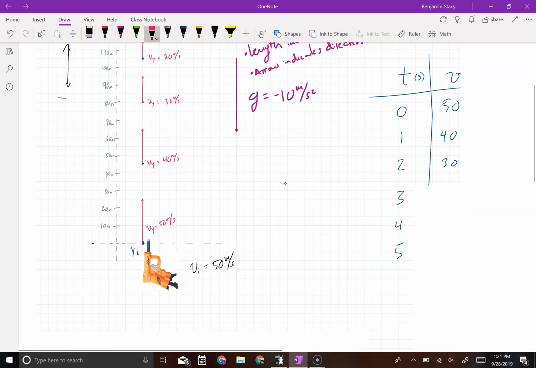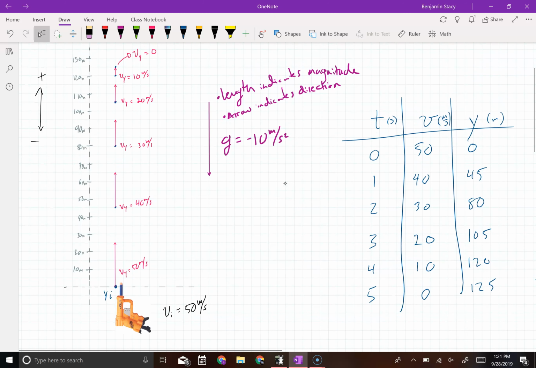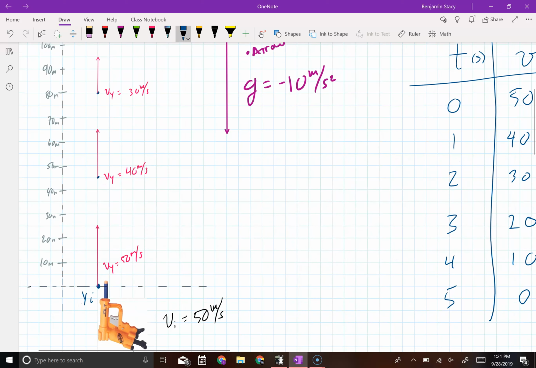So pink is our velocity, blue is our position, and purple is our gravitational acceleration. And we could even draw, if we wanted to find a displacement vector, let's say delta y is y final minus y initial. It's a vector. And let's say I want to go from 0 seconds to 2 seconds. Well, this was the position at 0 seconds, and at 2 seconds, the position's up here.